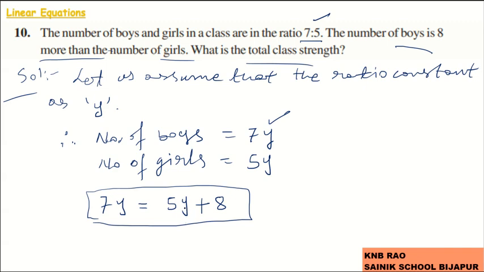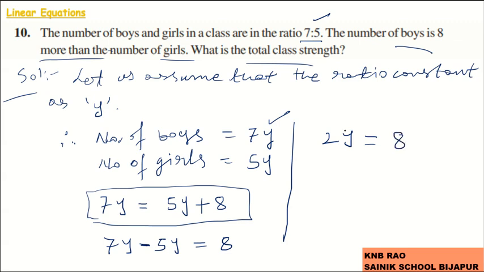Here 5y is sent to the other side of equality, so that all variable terms are in one place, the left hand side, and 8 stays on the right. Here the addend 5y comes to the left hand side, becoming a subtrahend. So, on simplification 7y minus 5y gives 2y.